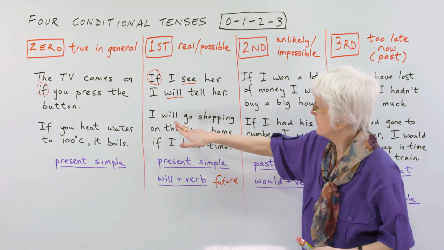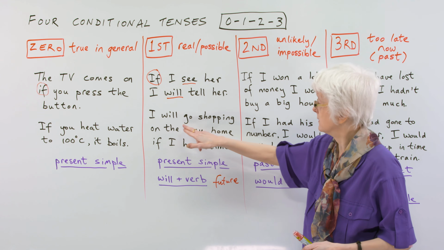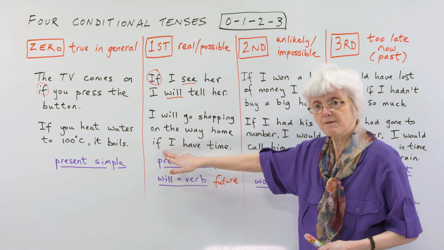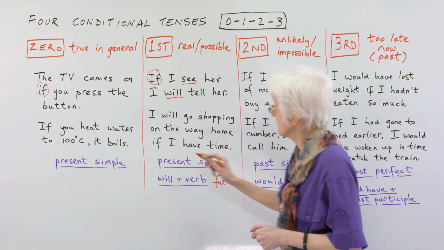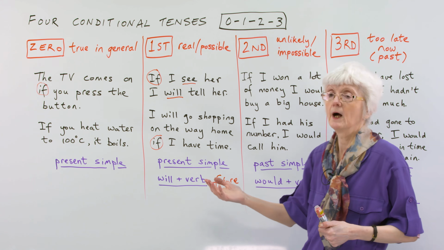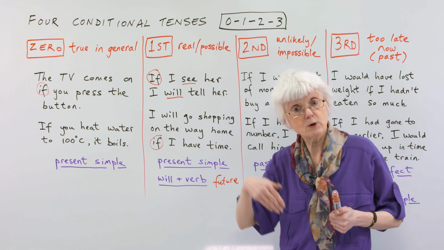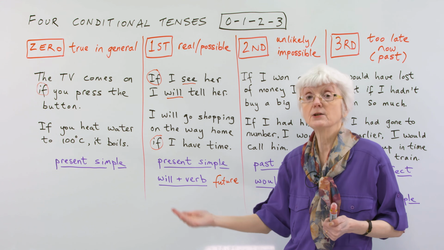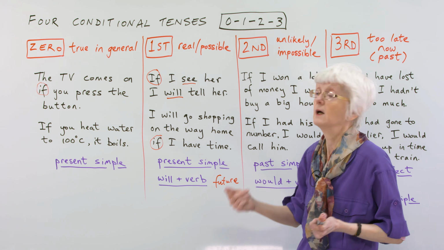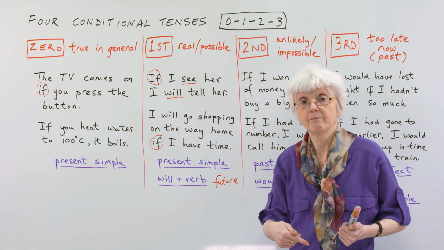Okay, and then another one. I will go shopping on the way home if I have time. Okay, so maybe you're going out to work and then you're coming home from work, and if I have time on the way home from work, I will go shopping.